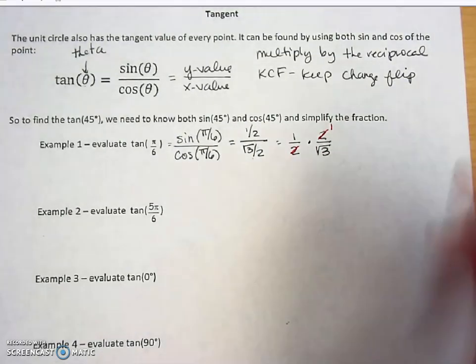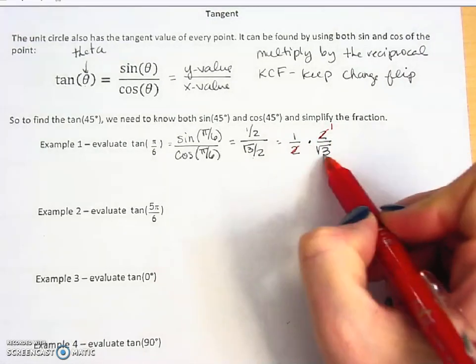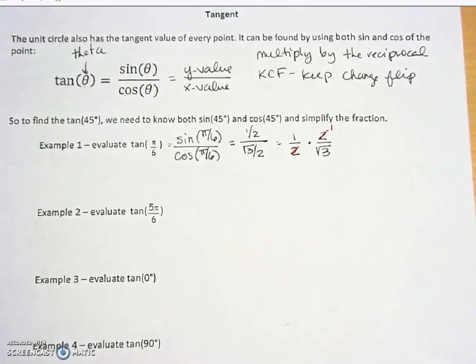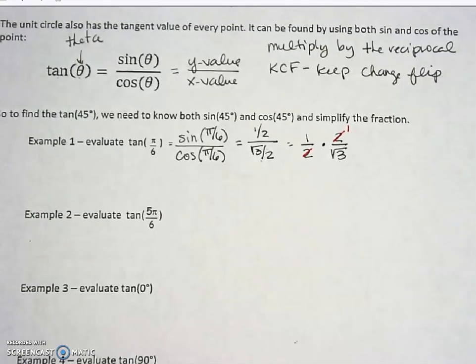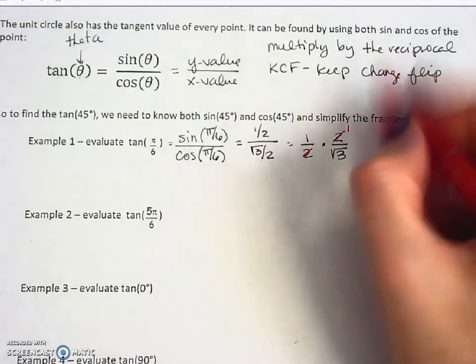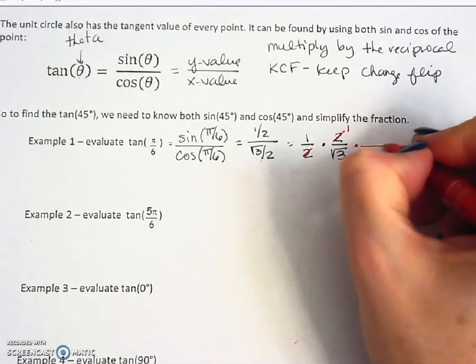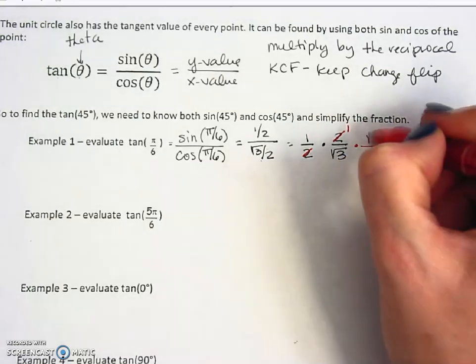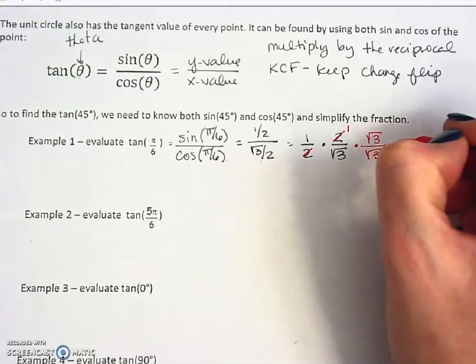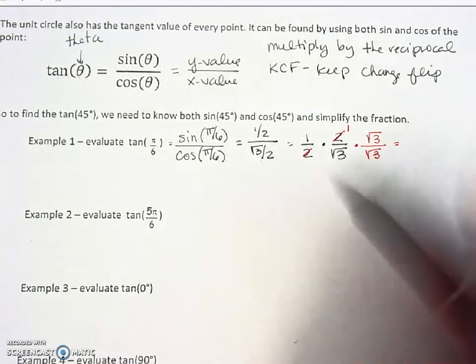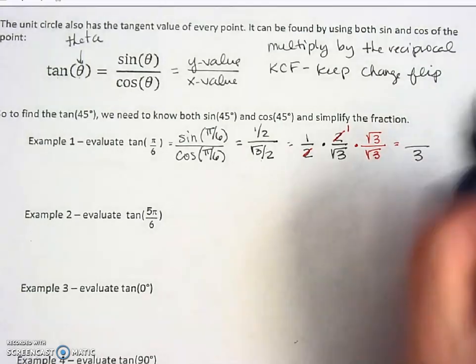And then another thing I'm going to do here before I actually multiply is I'm going to rationalize my denominator. We talked about how we don't leave radicals in the denominator. This is an irrational number. So I'm going to get rid of it by multiplying it by itself, bottom and top. And now what happens is along the bottom, the radicals cancel, leaving me just 3.